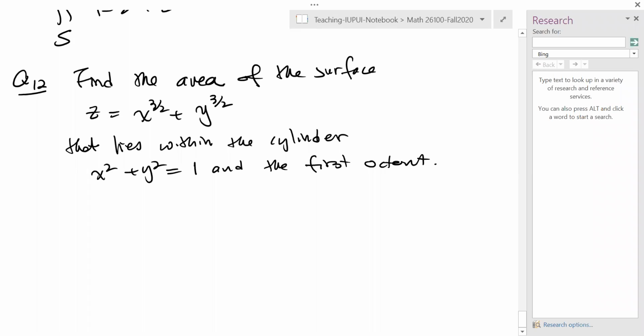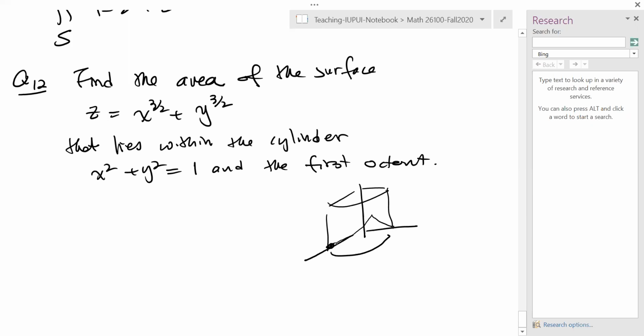So first octant means here, right? This portion. Okay. I just draw a quarter of the cylinder, and x, y both are positive. So here's there. I think the surface looks pretty strange. It could probably go like that. Okay. And it's above this disk.